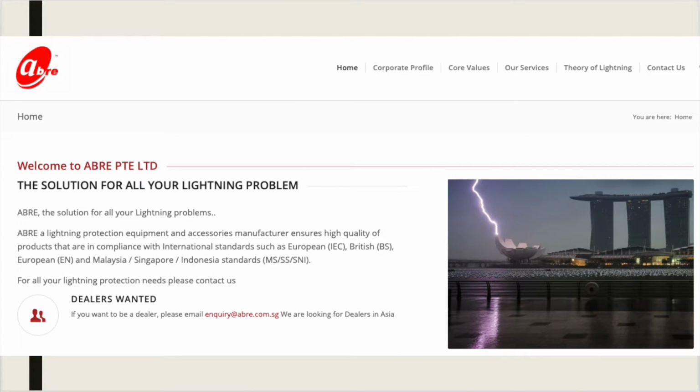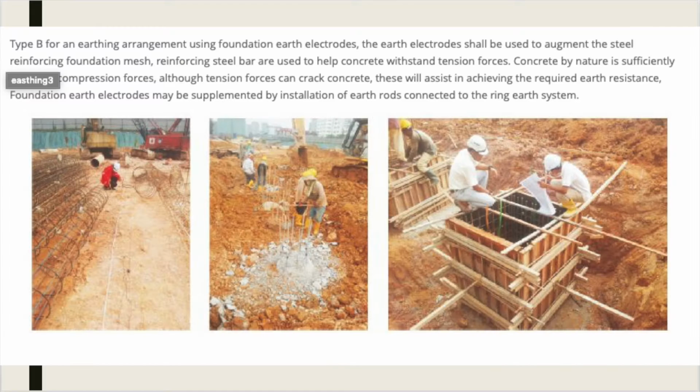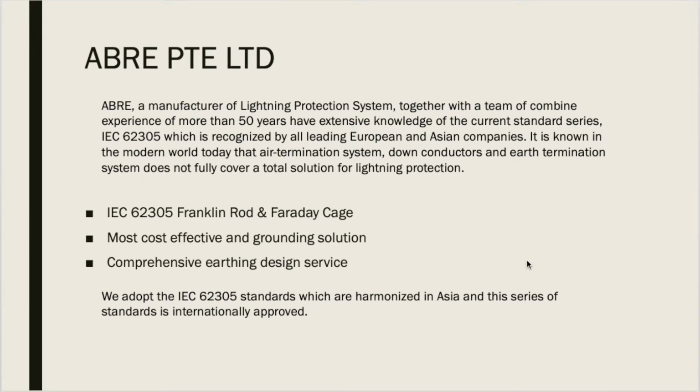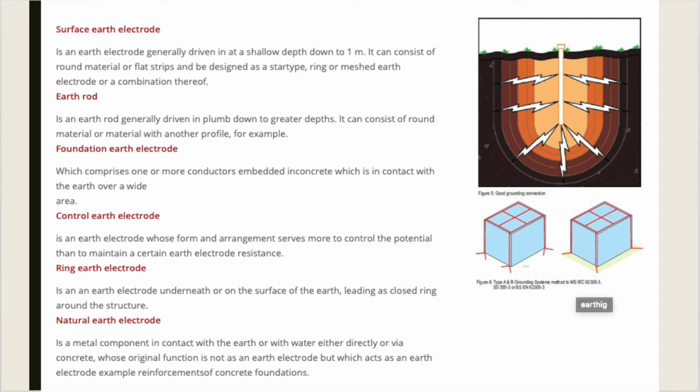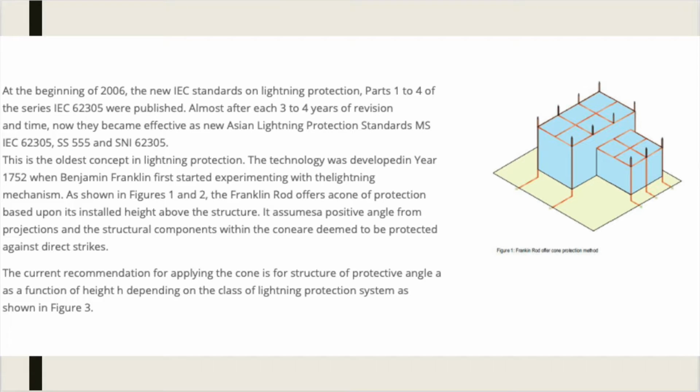Next, Abri PTE Limited, a manufacturer of lightning protection systems, together with a team of combined experience of more than 50 years, has extensive knowledge of the current standard series, IEC 62305, which is recognized by all leading European and Asian companies. It is known in the modern world today as the air termination system, down conductors, and earth termination system.